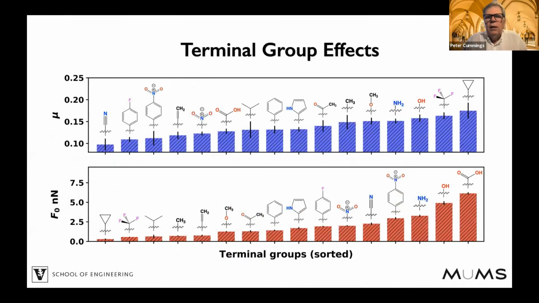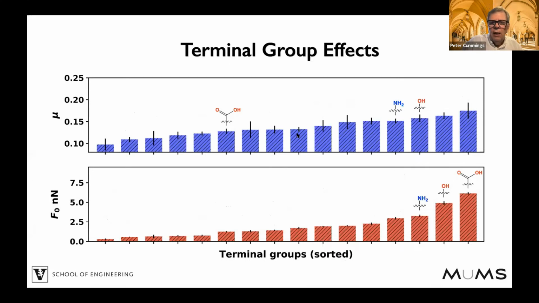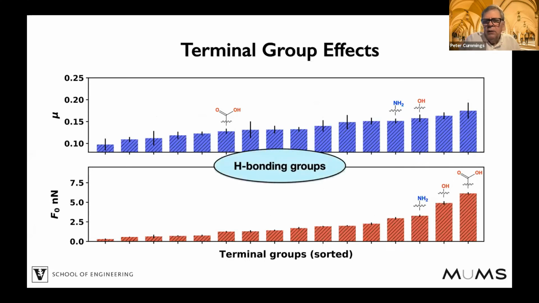If we have a look at the effective terminal groups, this is the coefficient of friction and the adhesion force sorted from lowest to highest. You might ask, what's the trend here? Well, the hydrogen bonding groups are all at the top end of the adhesion force.